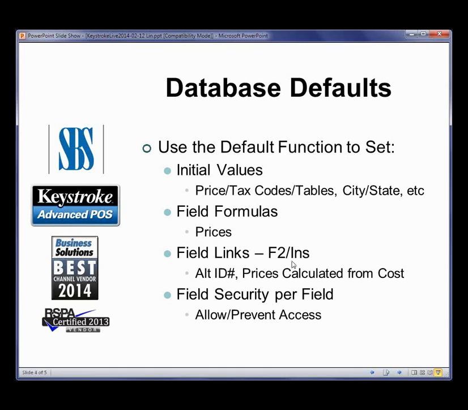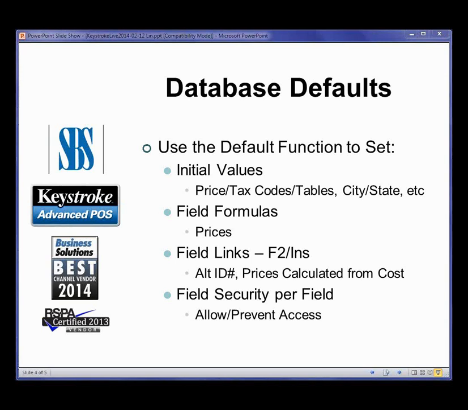So you can link, say, your base price, level 1 price, all your different prices, and have them linked to the cost and calculated based on the cost. There is also field security per field to allow or prevent access to various fields.